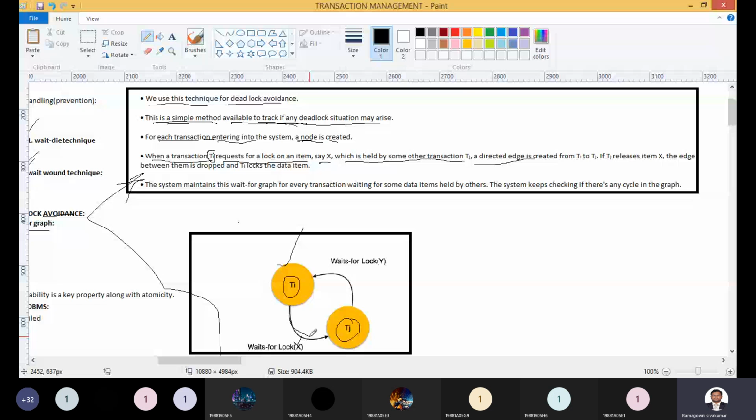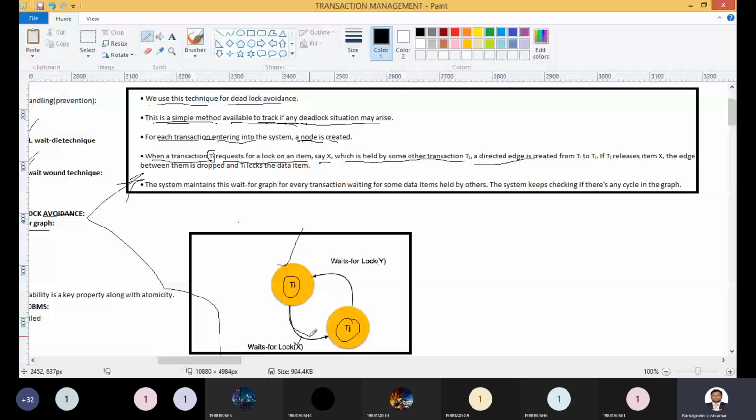If Tj releases item X, then the edge between them is dropped, and Ti locks the data item X. Are you understanding? See the diagram.